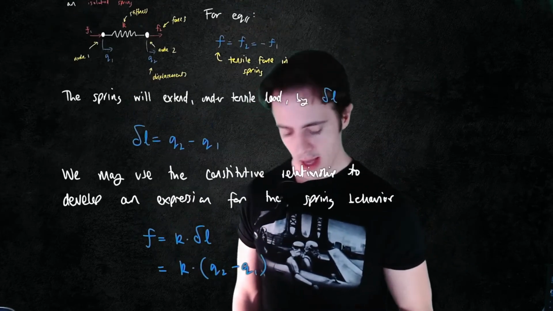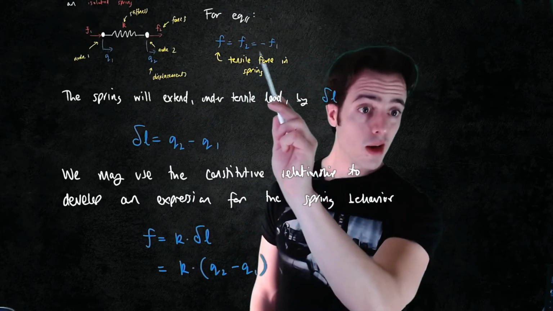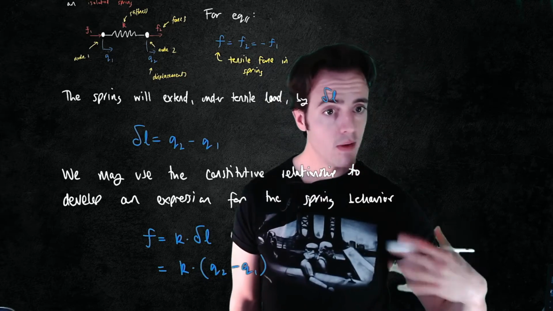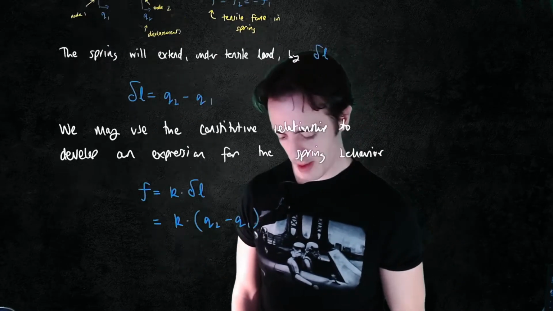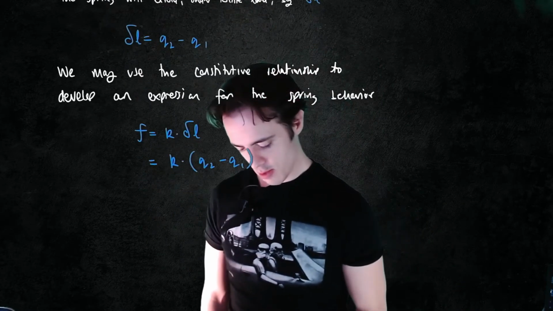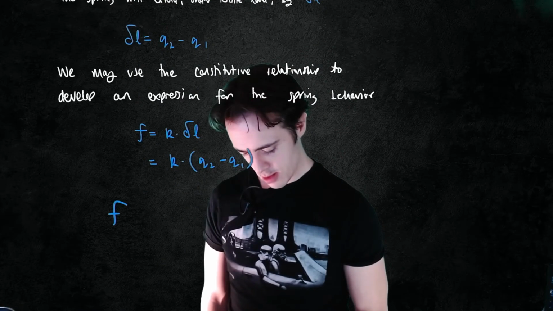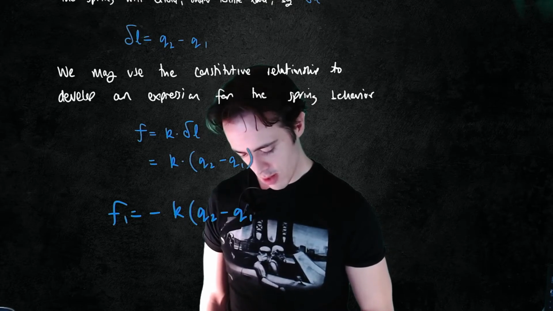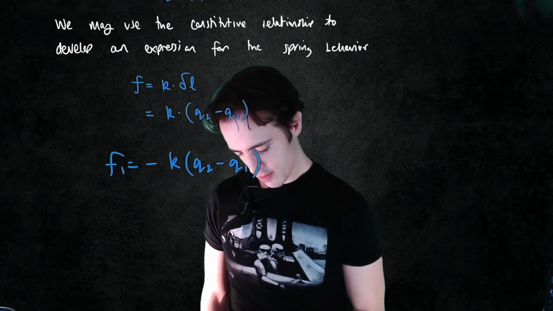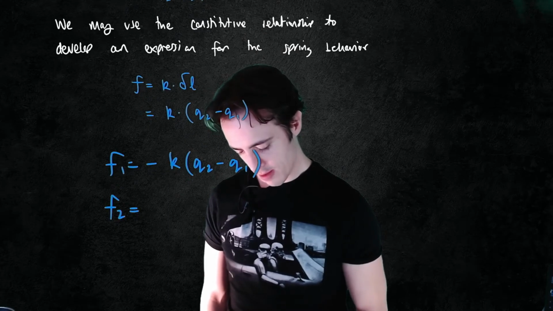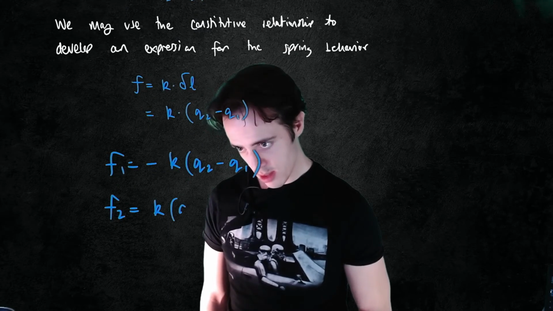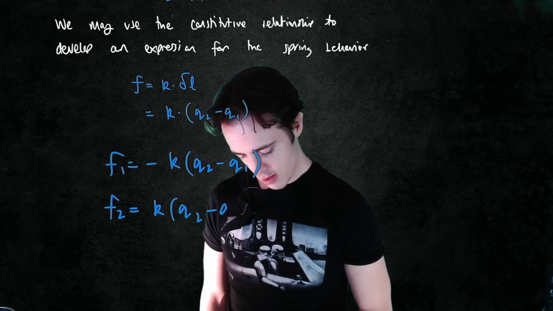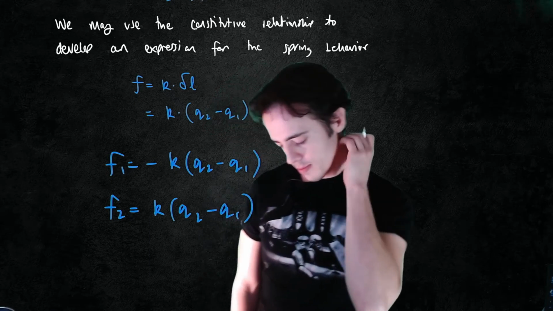And since we've said that F is equal to F2 and minus F1, that gives us two expressions to replace this with. So we can say that F1 is equal to minus K (Q2 minus Q1), and F2 is equal to K (Q2 minus Q1).